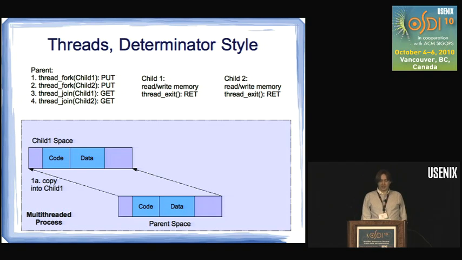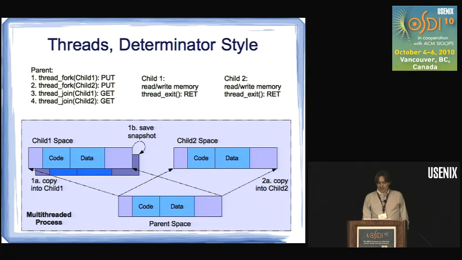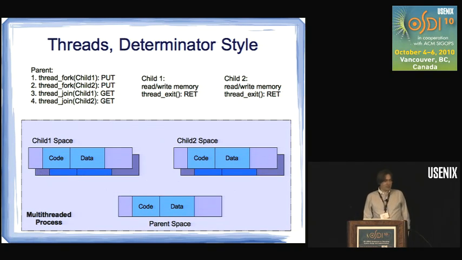Not just once, but it's actually going to make 2 virtual copies of the parent's space in the child: once into the main working copy and once into this snapshot position that I mentioned. And then the parent can fork off a second child, or as many as it wants. Again, each child gets 2 virtual copies of the entire parent's address space. Now the parent lets them run. They run concurrently. They update their private data.